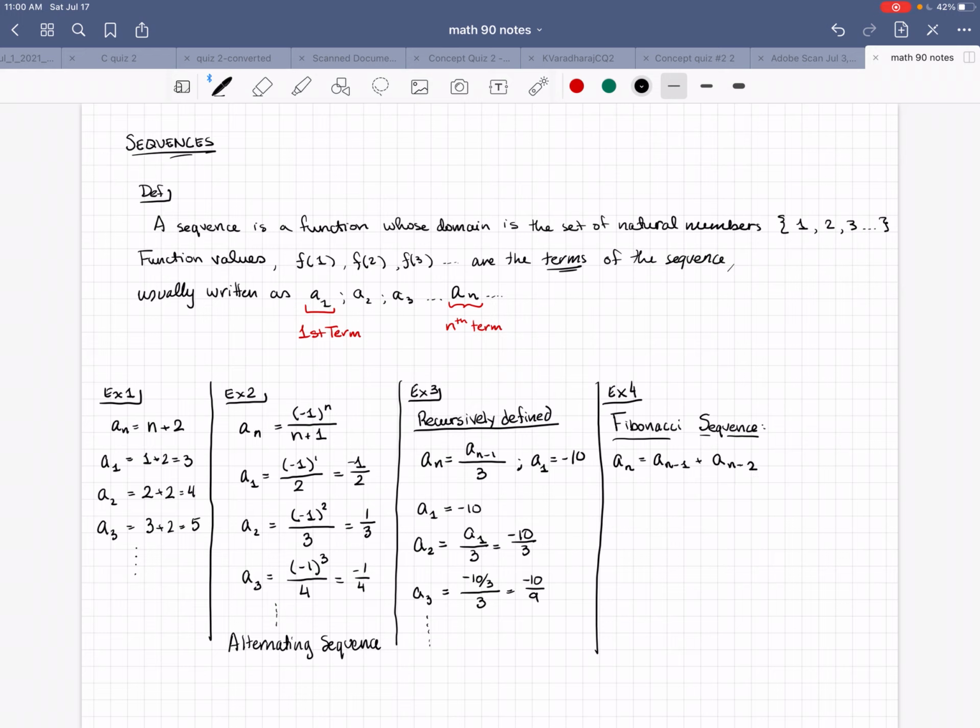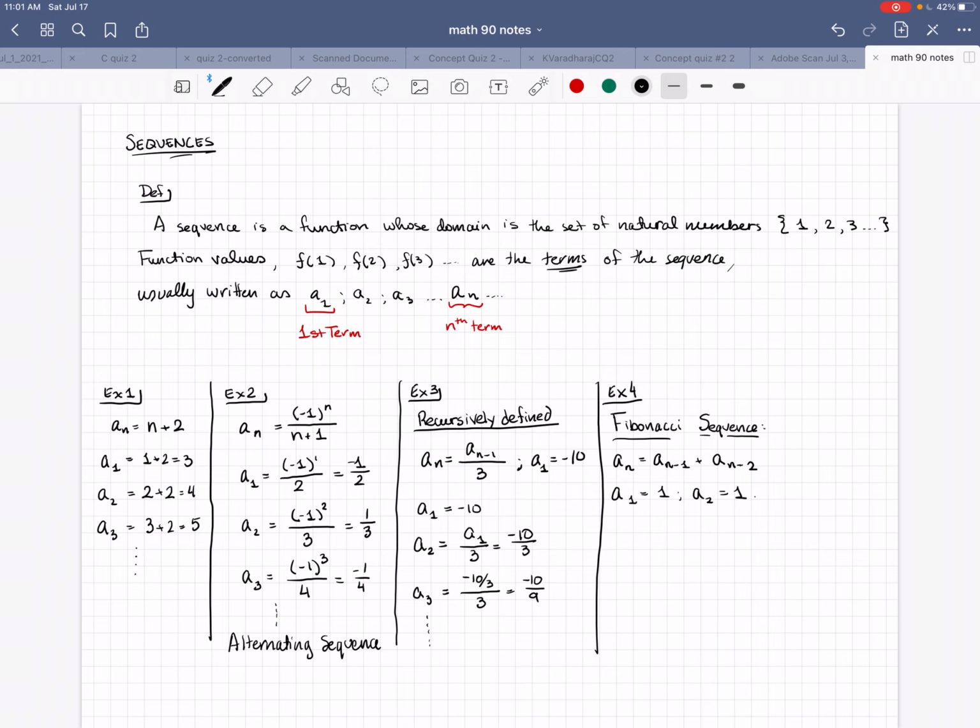And so for this, we need to have the first 2 terms. So a sub 1 is 1, and a sub 2 is also 1. There is no requirement in a sequence, kind of like in a function, that all of the terms be distinct.